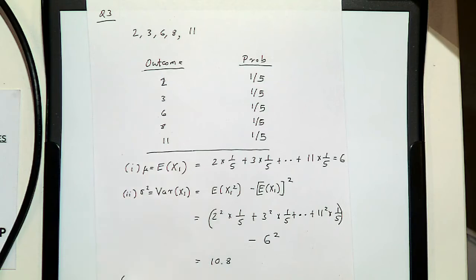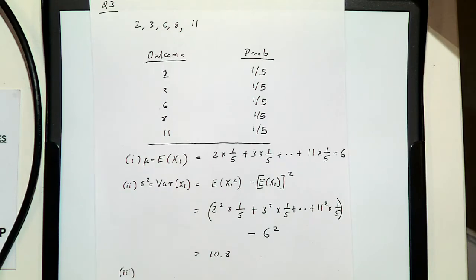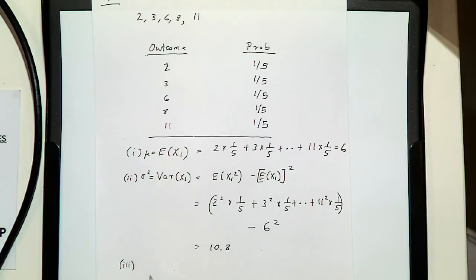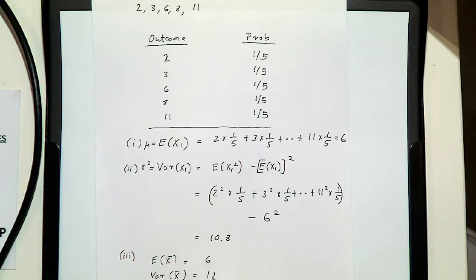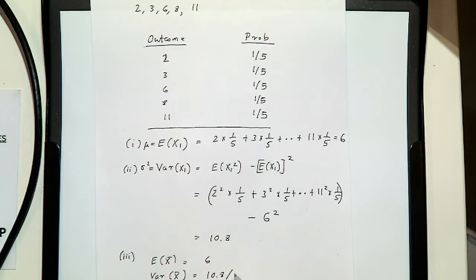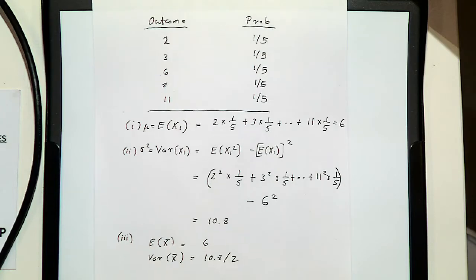So a short way to answer part 3 is to say that the expectation of x bar must be 6, and the variance of x bar is sigma squared by n, which is 10.8 divided by 2. This is a short way to answer part 3 of the question.